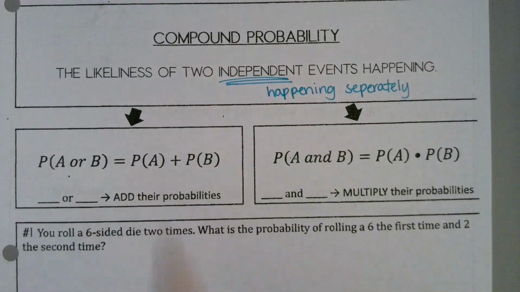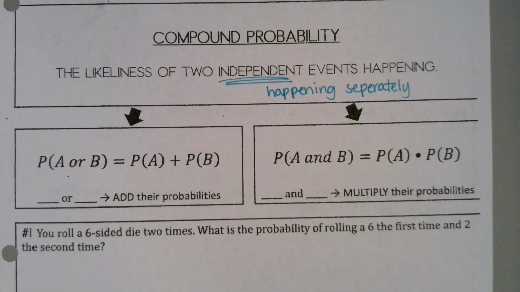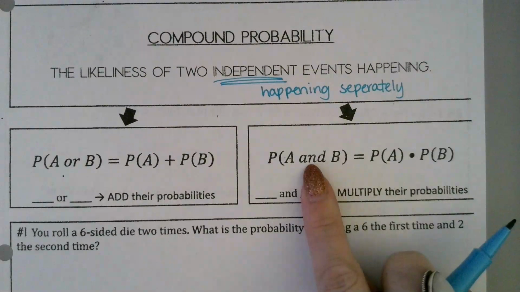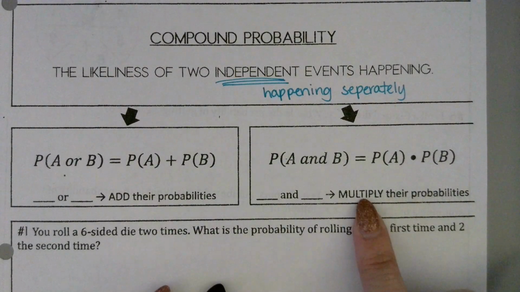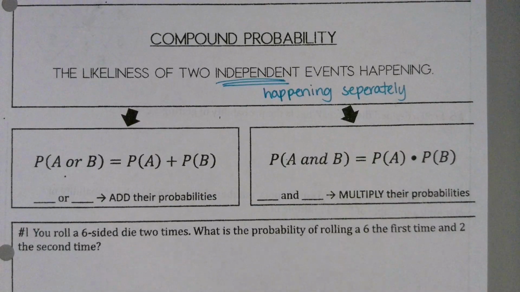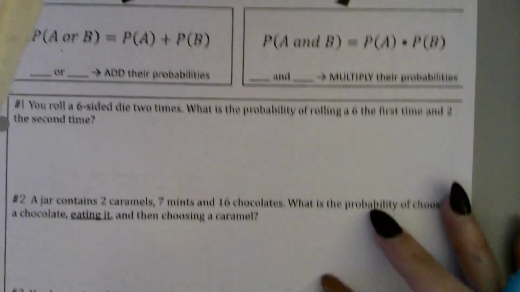If it's one or the other, you take their two probabilities and add them together. If the word is "and," meaning I want heads and tails, then you multiply those probabilities together. And that's it. It's either you add or you multiply, and that's all. So we're going to go ahead and practice this.